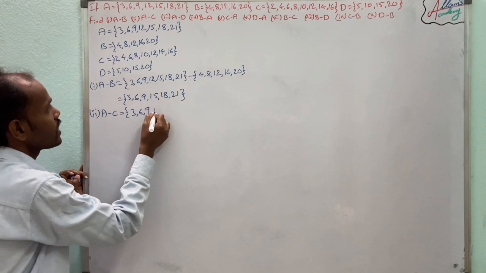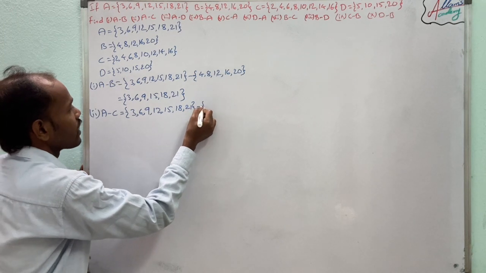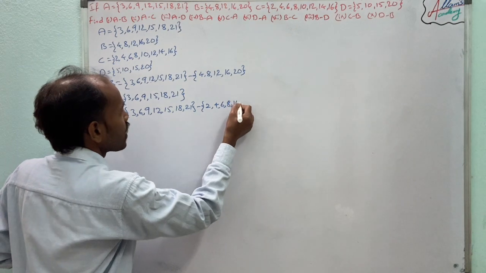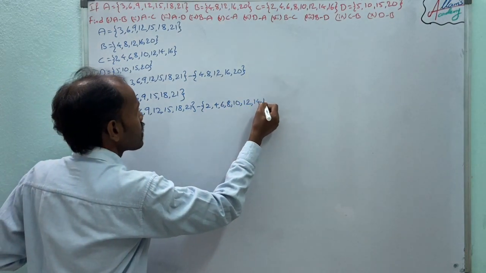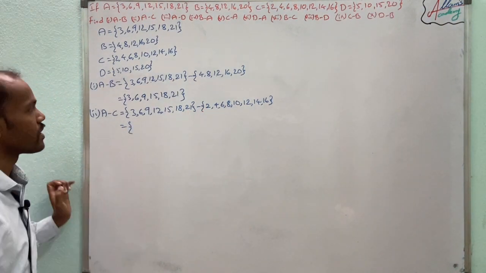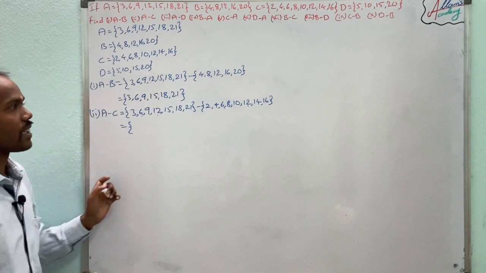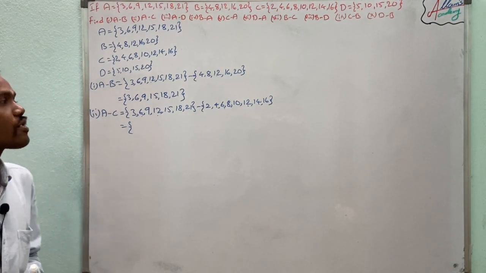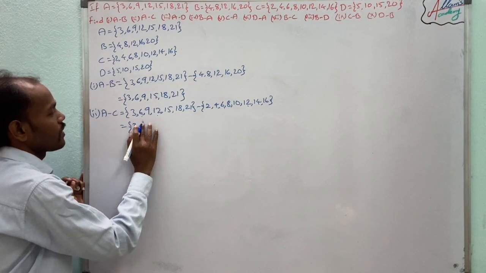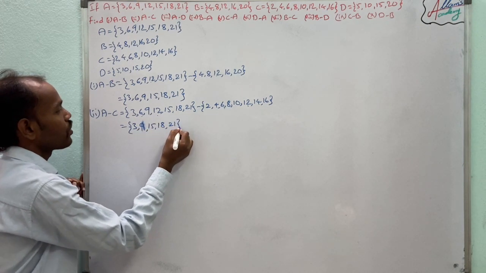Next we find A minus C. The set A is 3, 6, 9, 12, 15, 18, 21 and the C set is 2, 4, 6, 8, 10, 12, 14, 16. Here the common elements in both sets are 6 and 12. So the remaining elements in the first set are 3, 9, 15, 18 and 21.